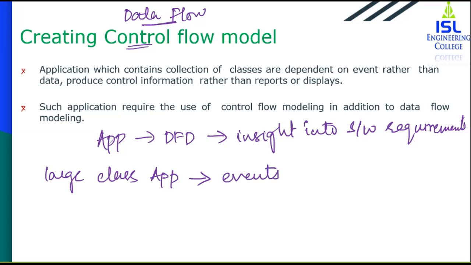That is, when a specific event takes place, then it responds. If suppose a burglar tries to enter, then the sensor is going to be activated, and then the alarm is going to be generated. So this is generated by events. Now these events are going to produce control information.